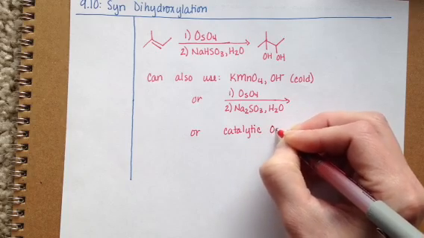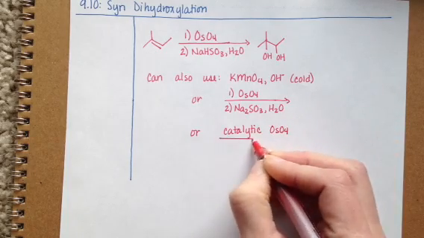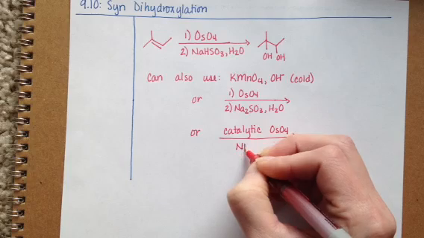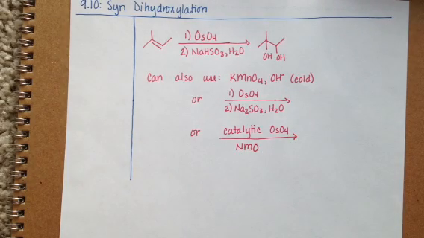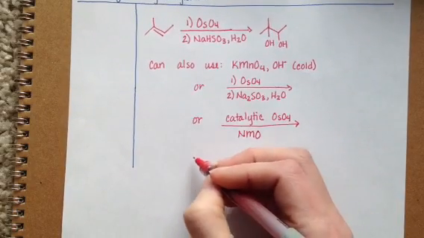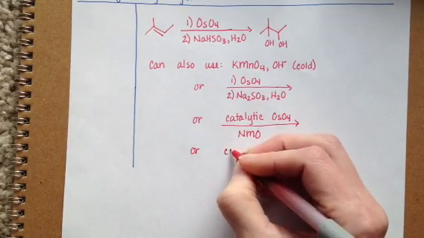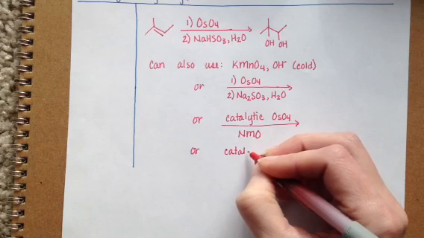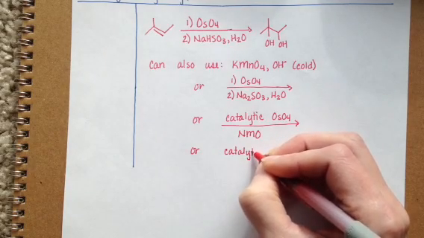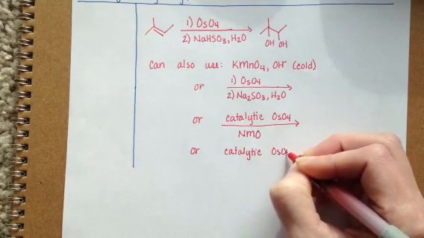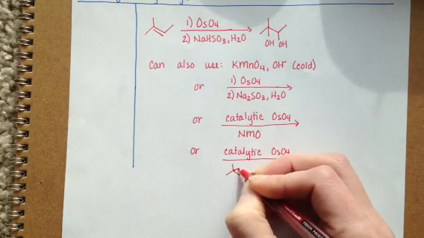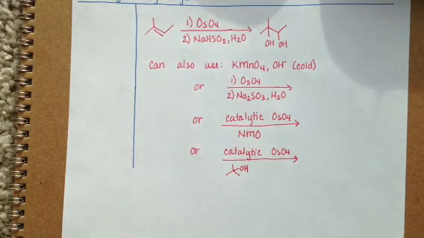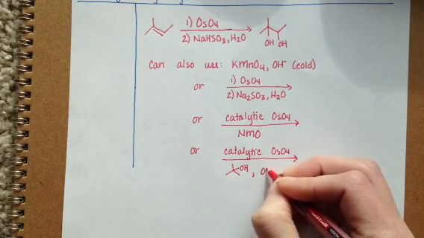So you can also use catalytic small amounts of osmium tetraoxide in a solvent abbreviated NMO, which stands for N-methylmorpholine N-oxide. And you could also do a catalytic Syn dihydroxylation with tert-butyl hydroperoxide and hydroxide.